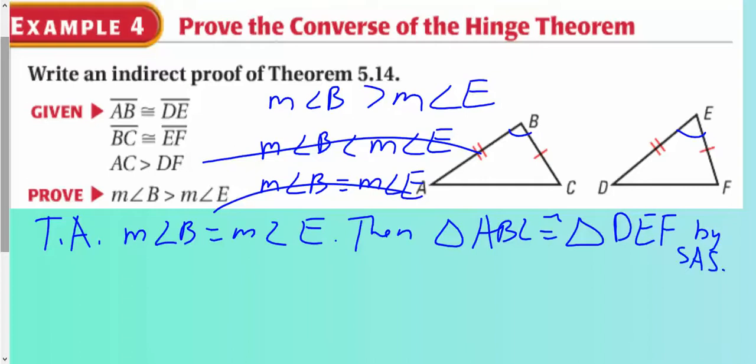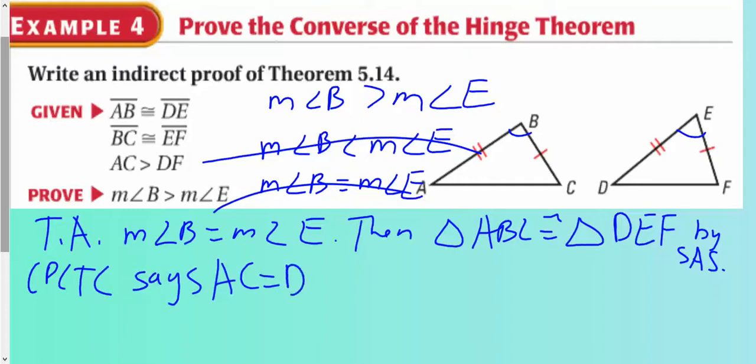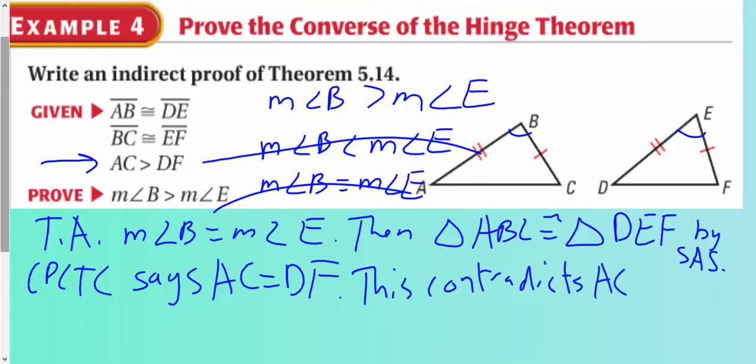And then CPCTC says AC is equal to DF. This contradicts the given that AC is greater than DF. Okay, so we know now that the two angles cannot be equal to each other.